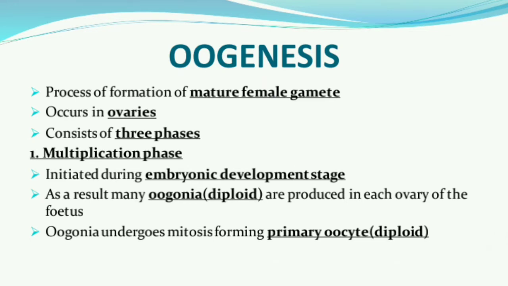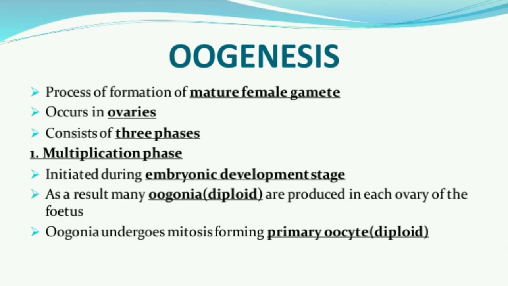However, many of these oogonia undergo atresia. Now, atresia means degeneration of germ cell. At the time of birth, there are 2 million primary follicles, but 50% of these are atretic. Remember, no oogonia are formed after birth. This is a very important concept. No oogonia are formed after birth.